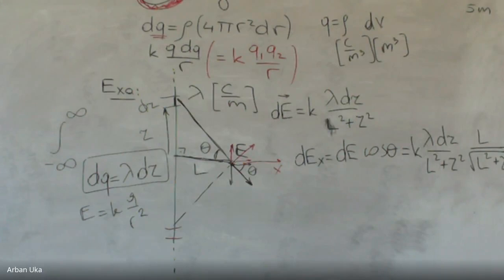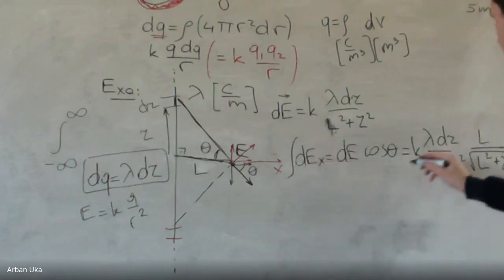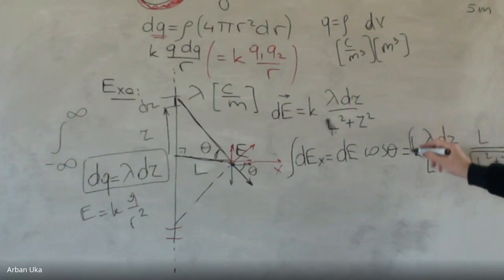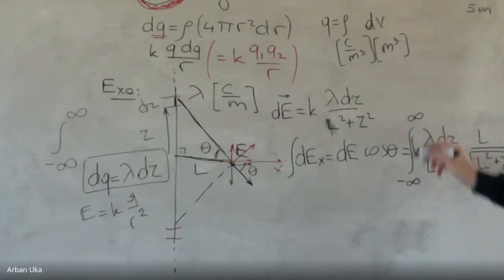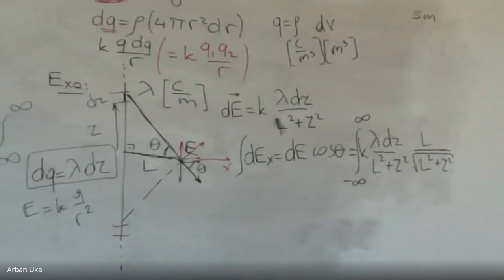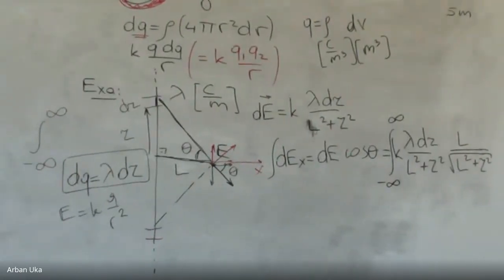So this is the dE, and this is the moment that we need to integrate both sides of the equation from minus infinity to plus infinity, and that will be the electric field for this infinitely long extended piece of wire.